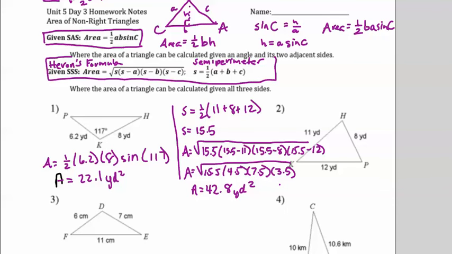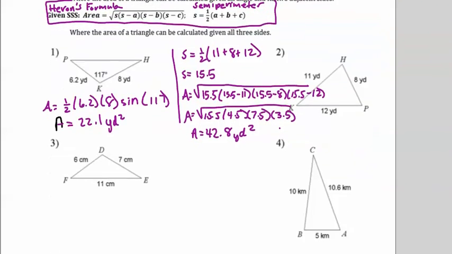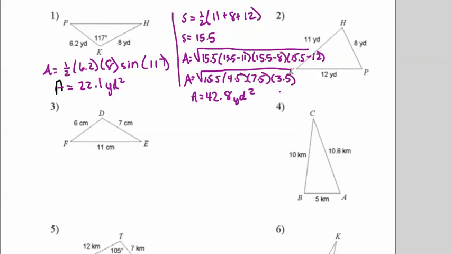Okay, next one. Another side, side, side, so I'm going to find the semi-perimeter again. So 6 plus 7 plus 11, all divided by 2. I have 13 plus 11 is 24, divided by 2 is 12. So my semi-perimeter is 12.